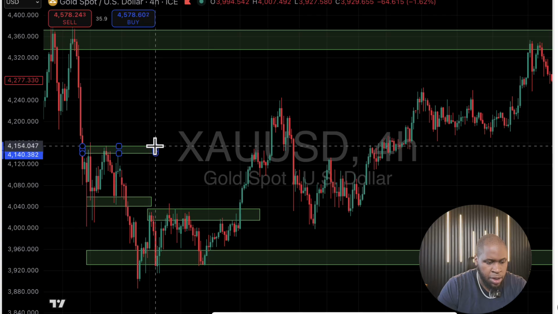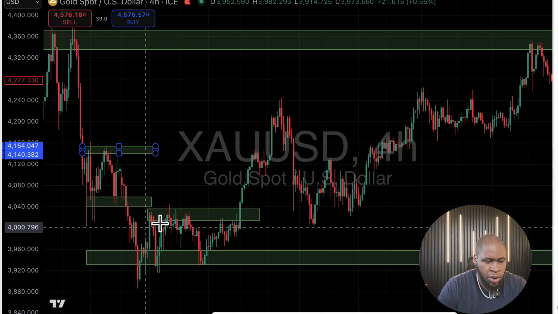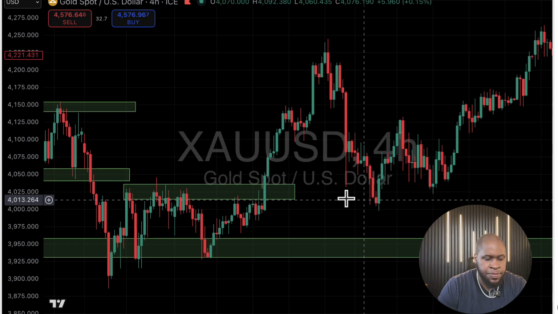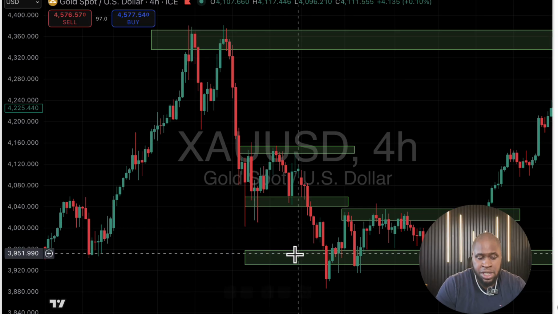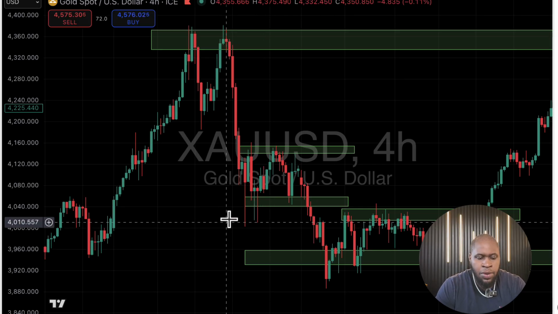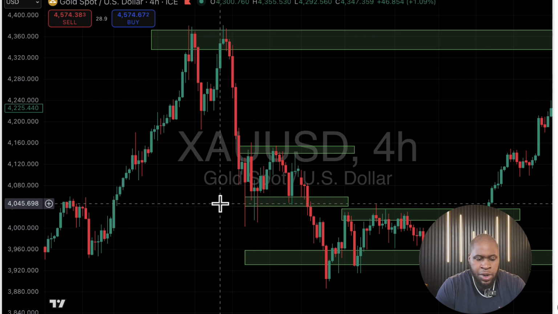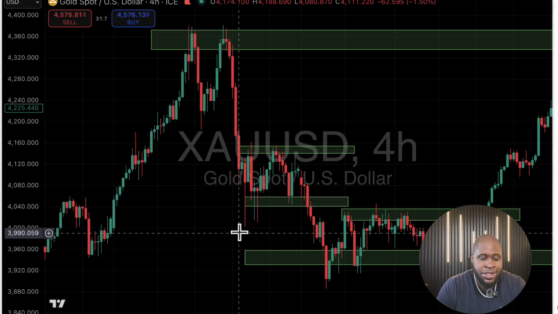And if you're wondering why I put this area of support over here, especially when the wicks went all the way down here, this is going to be a rule that I need you to grasp. When you see an accumulation of wicks in an area, you need to be careful how you take note of that, because wicks, although I wouldn't say they're as significant as the body of the candle, do have some significance.